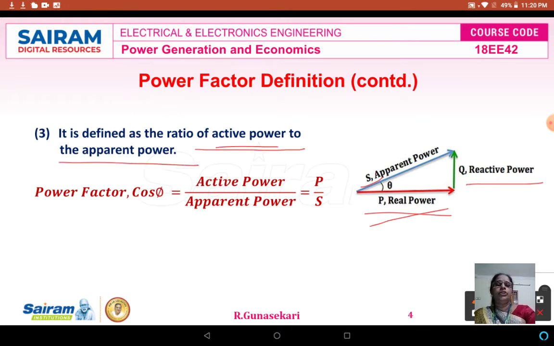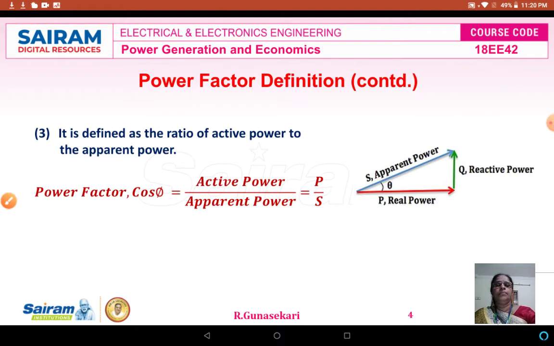Therefore, power factor cos phi equals active power divided by apparent power, that is P by S. This comes from the power triangle. These are the three definitions of the power factor.